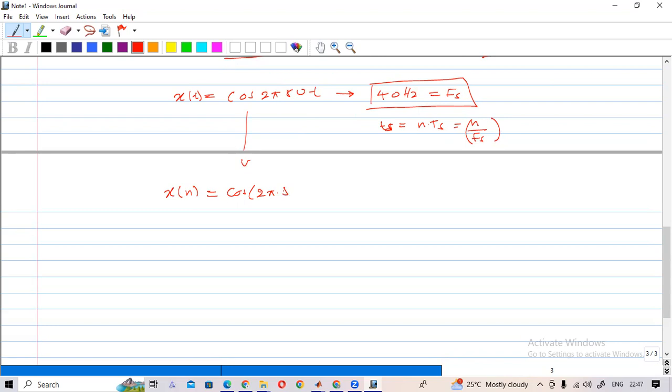So it will be 50 over Fs, Fs is 40, n. So this is your discrete time signal. For a discrete time signal, this is the normalized frequency F: 50 divided by 40 or 5 by 4.